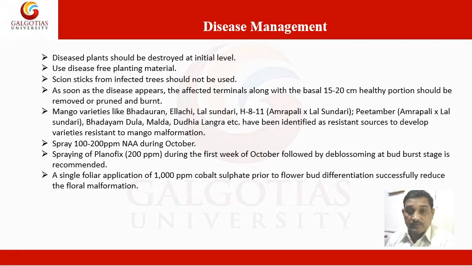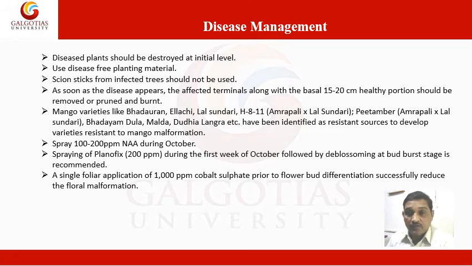First, we can spray 100 to 200 ppm of NAA, that is naphthalene acetic acid, during the month of October, and we have to spray or apply Planofix at the rate of 200 ppm during the first week of October, followed by de-blossoming at bud burst stage, which is recommended.